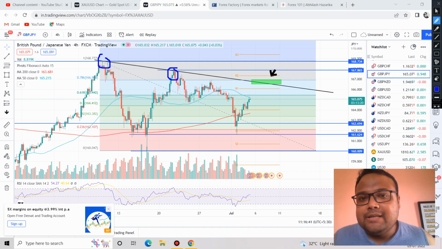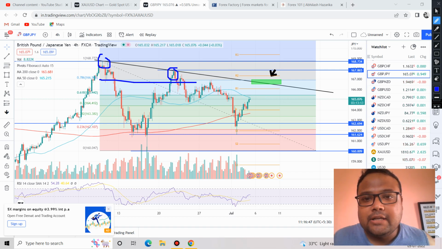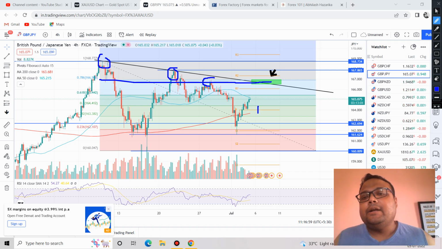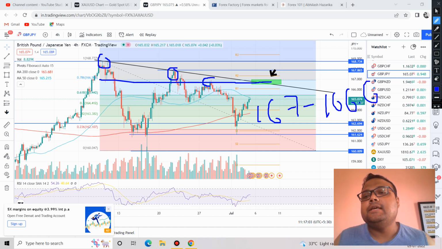We have the trend line as dynamic resistance. Then we have the Fibonacci 78.6% retracement level. And then we also have a static resistance, previous price rejection. So we have three factors indicating that 167 to 166.60 is a very strong resistance zone.